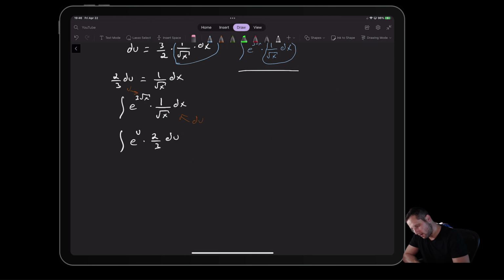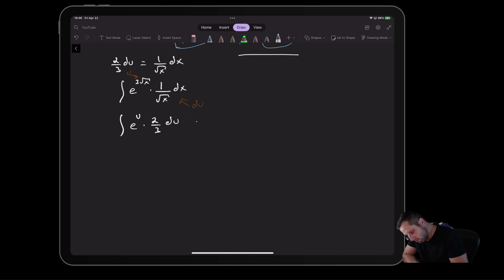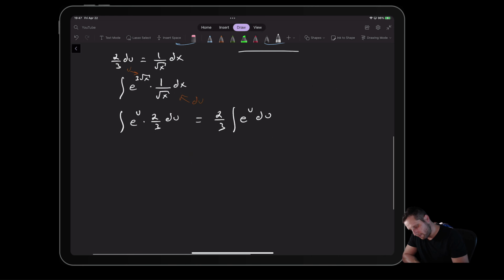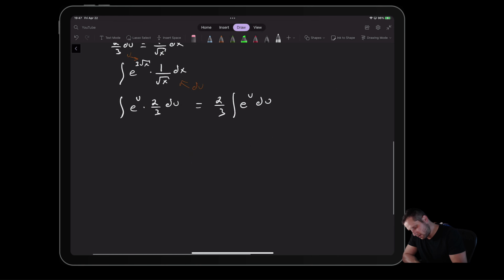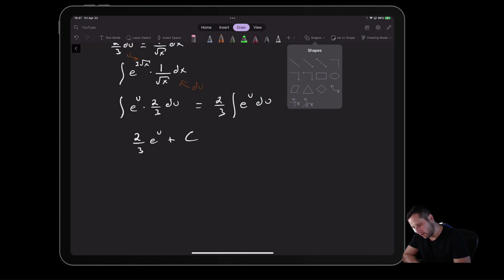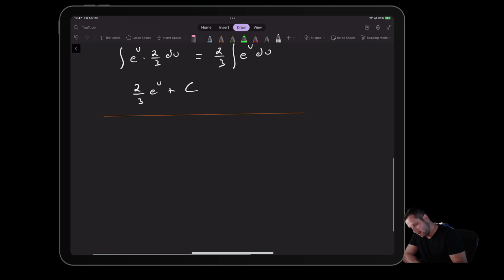So I'll show you that here in a second. So this integral becomes 2/3 times the integral e to the u du, because we can move a constant out, okay? Then the integral evaluates to 2/3 e to the u plus a constant. Now, if we're going to do this with the definite integral, oh, I'm sorry, we're not done yet.